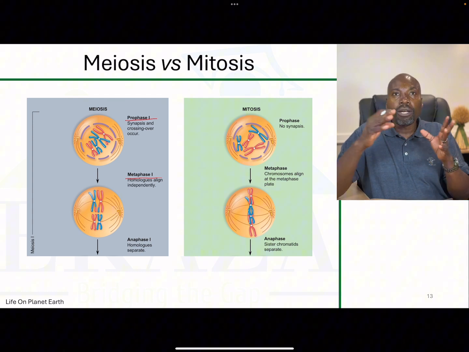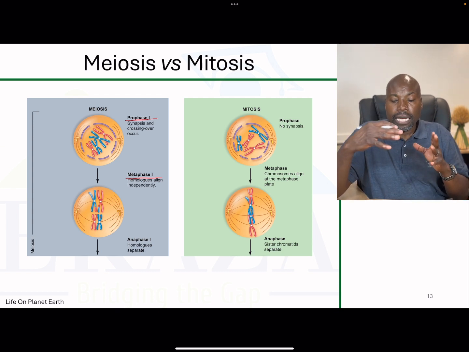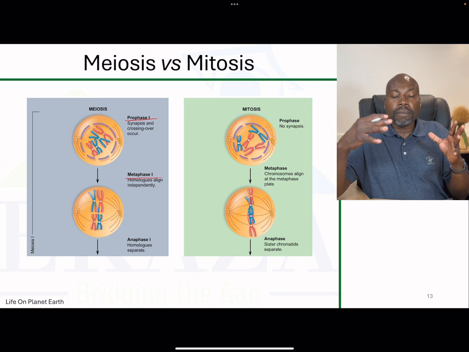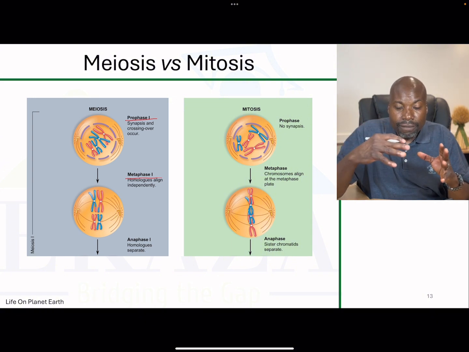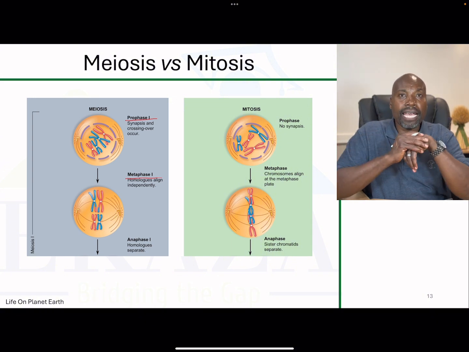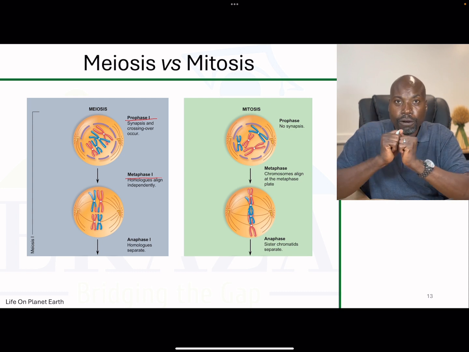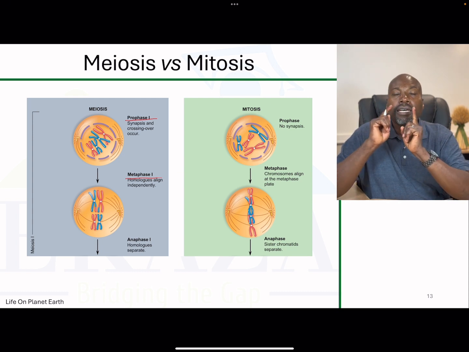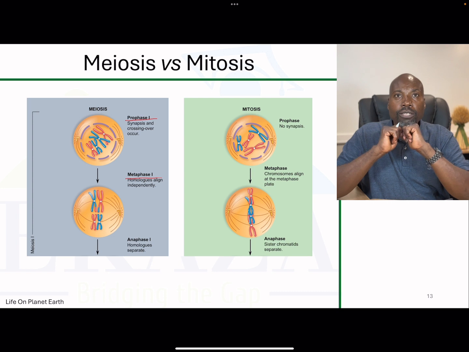The only similarity is that the genetic information is going to be condensed in both cases. The spindles are going to attach to kinetochores.